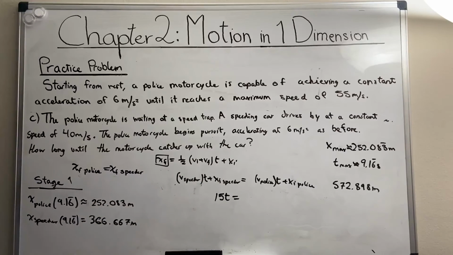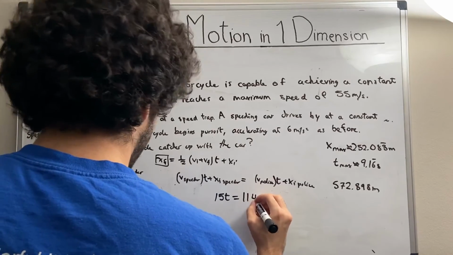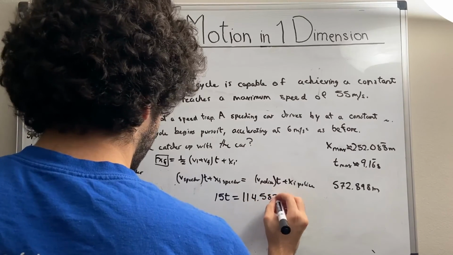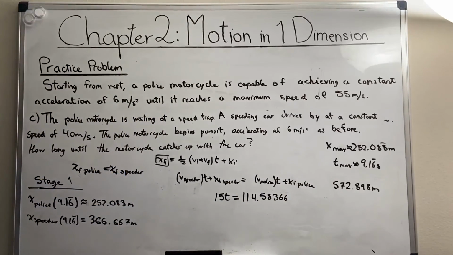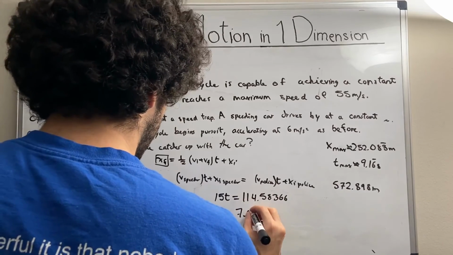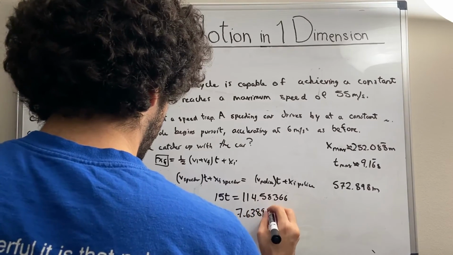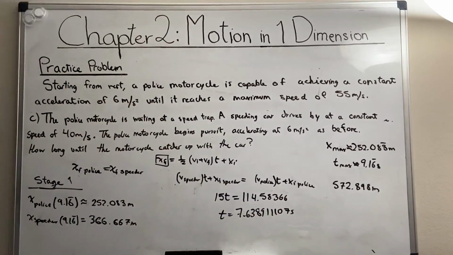So 366.66666 minus 252.083, which is equal to 114.58366, right? And then we're going to divide that by 15. And we get 7.6389111107 seconds.